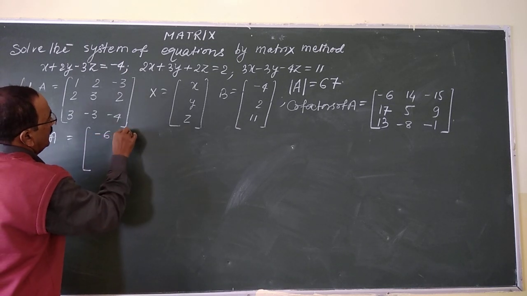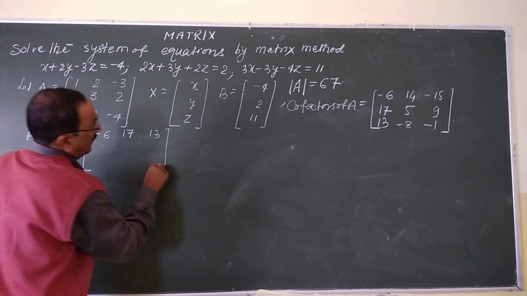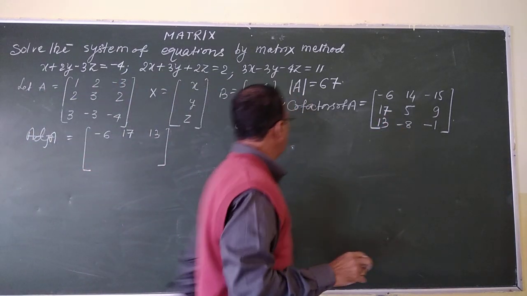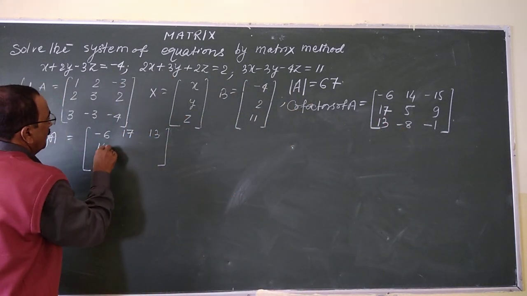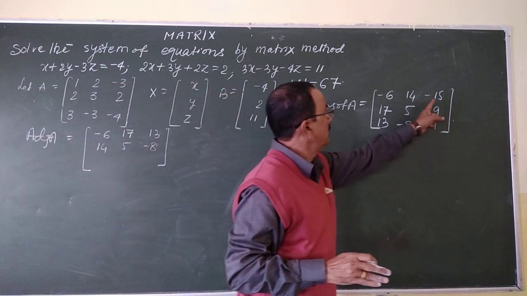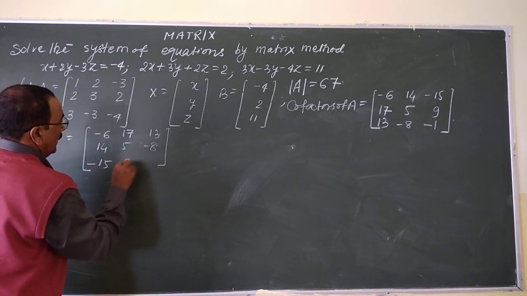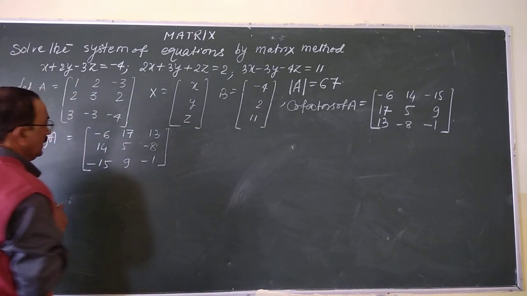First column minus 6, 17, 13. Second column 14, 5, minus 8. And third column minus 15, 9, minus 1. This is the adjoint A.